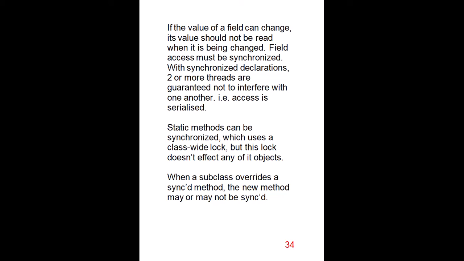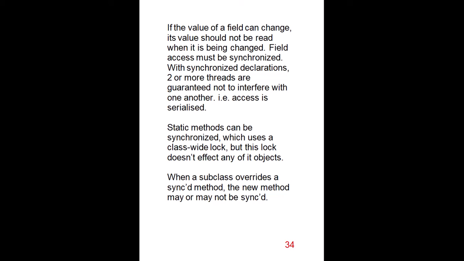I'm thinking of a thread accessing a particular synchronized method within an object, and maybe a second thread wishes to use the synchronized method as well. If the first thread has the use of the synchronized method, the second thread will have to wait.